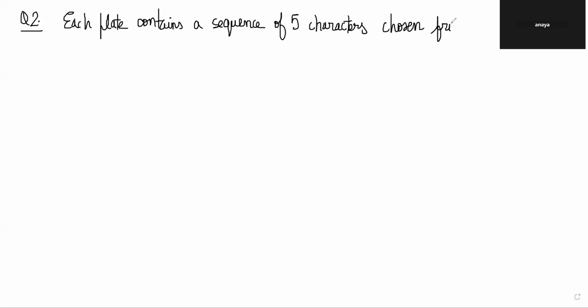Each plate contains a sequence of 5 characters chosen from the letters of AIME and the 4 digits in 2007.